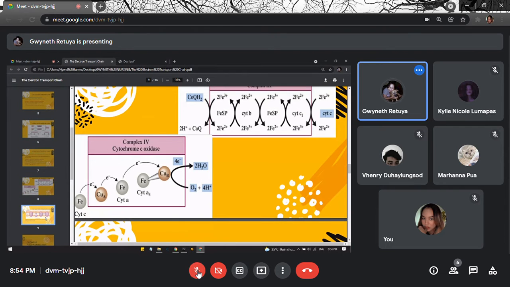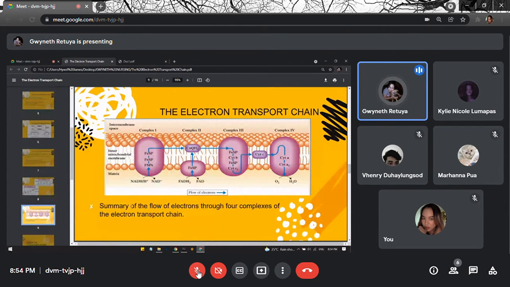Next, the summary of the flow of electrons through the 4 complexes of the electron transport chain. In complex 1, electrons are transferred from NADH to coenzyme Q. In complex 2, FADH2 is generated and CoQ is the final recipient of electrons from FADH2, which will be used in complex 3.